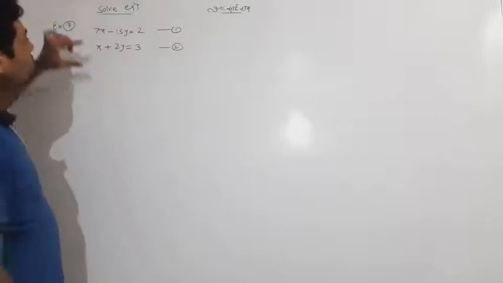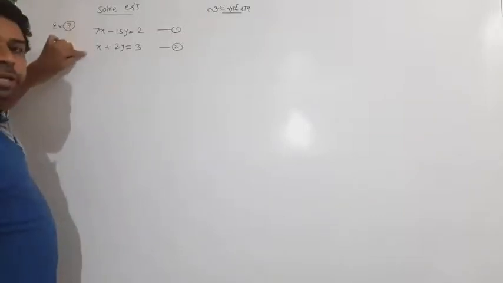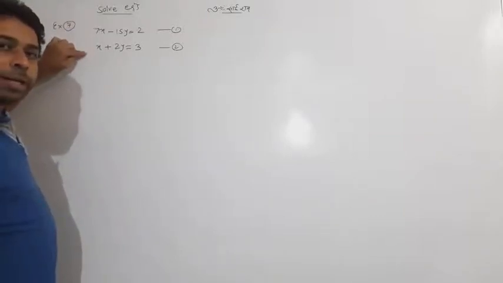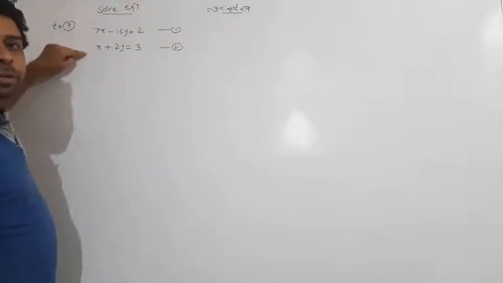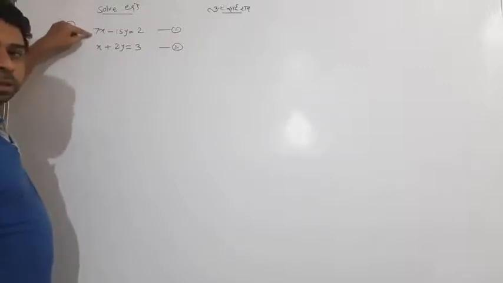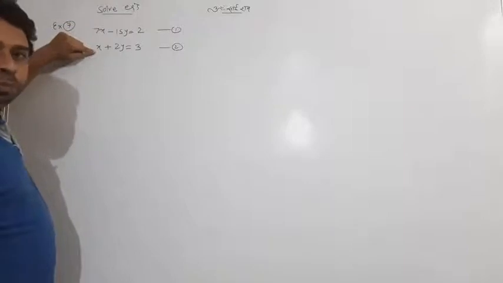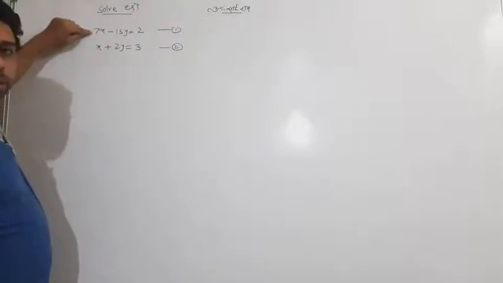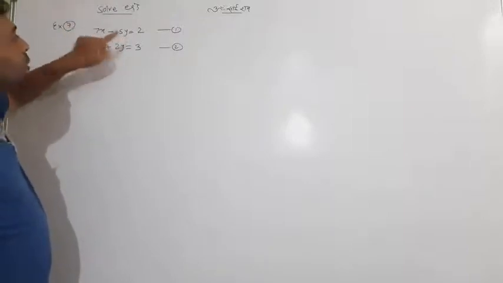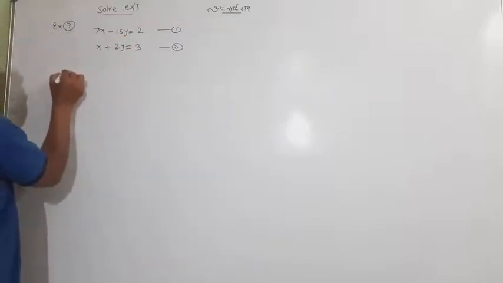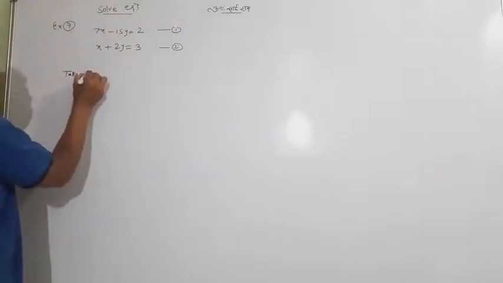Look here. We have two equations, first and second. You are free to take any equation initially. Either you can take one, or you can take two. Suppose you are taking one, then find x. Okay, let me take equation 1.